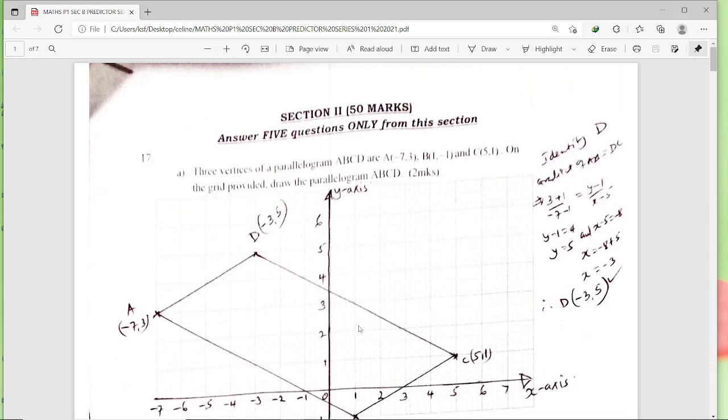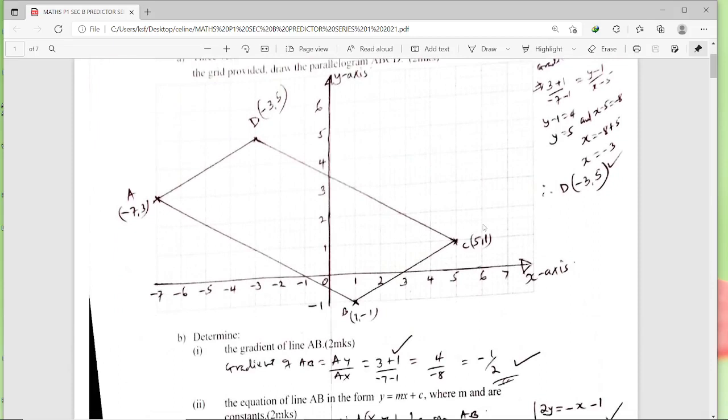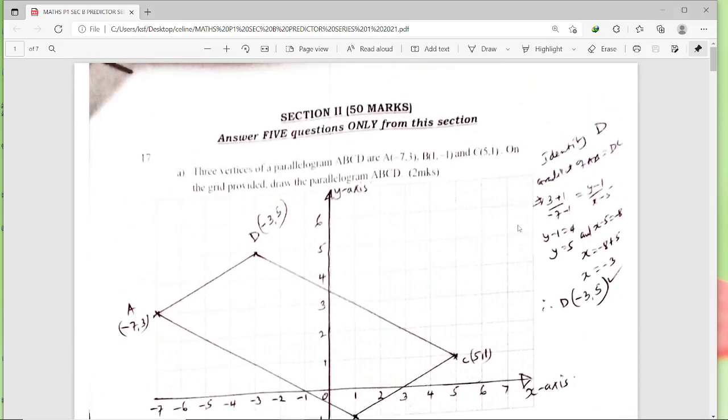Question number 17 of my Predictor Series 1. The question is on equation of straight lines, but I feel that it can be tricked in such a way, like it has been before in some KCSE papers.